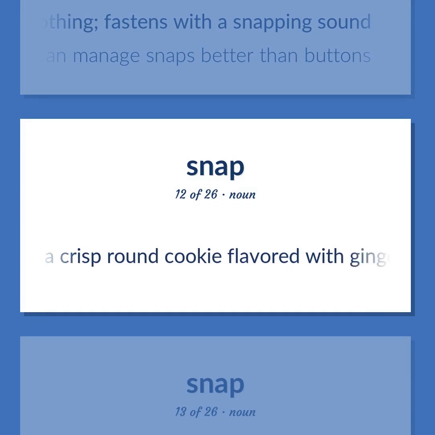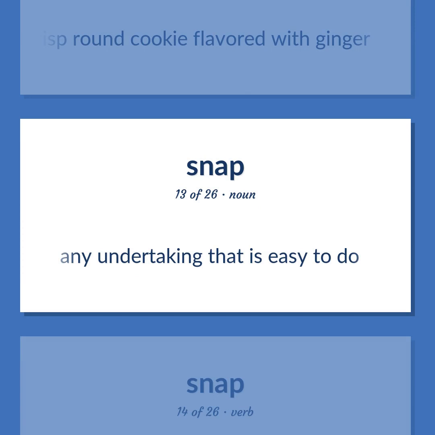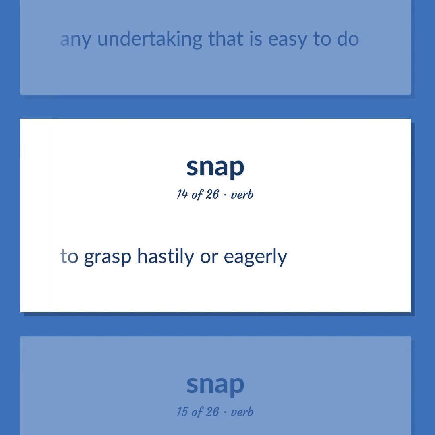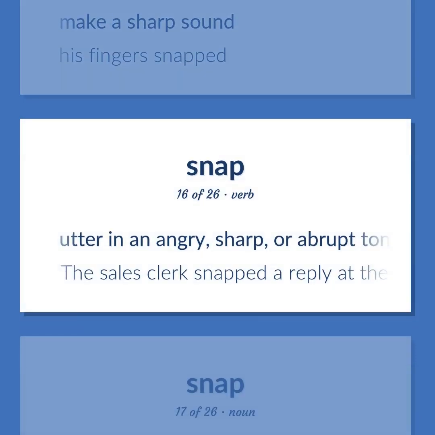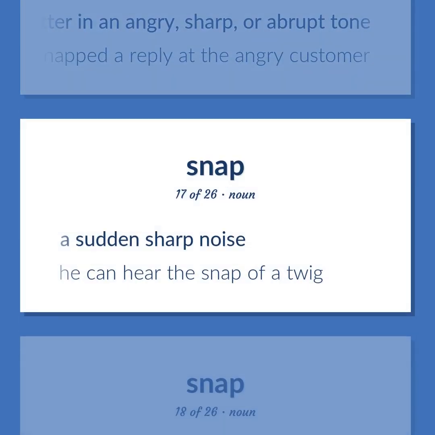A crisp round cookie flavored with ginger. Any undertaking that is easy to do. To grasp hastily or eagerly. Make a sharp sound. His fingers snapped. Utter in an angry, sharp, or abrupt tone. The sales clerk snapped a reply at the angry customer. A sudden sharp noise. He can hear the snap of a twig.